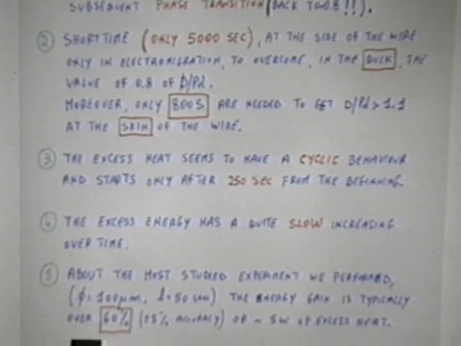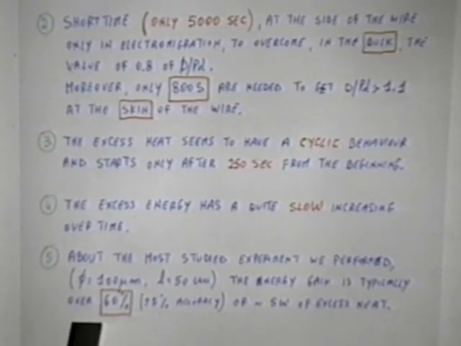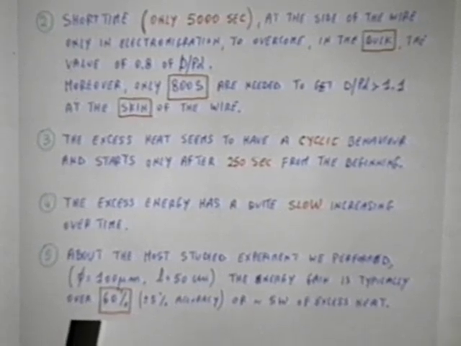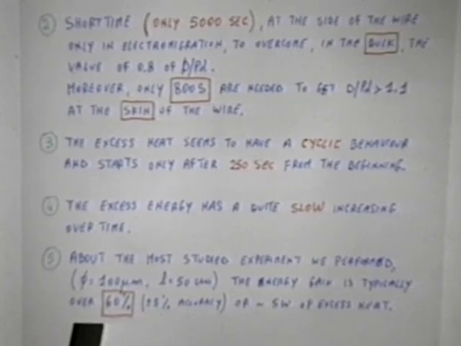Moreover, we found that the excess heat, if any, if the calibration is a separate procedure, has a cyclic behavior, and starts only after 200 seconds from the beginning. Very, very short time. We studied several wires.